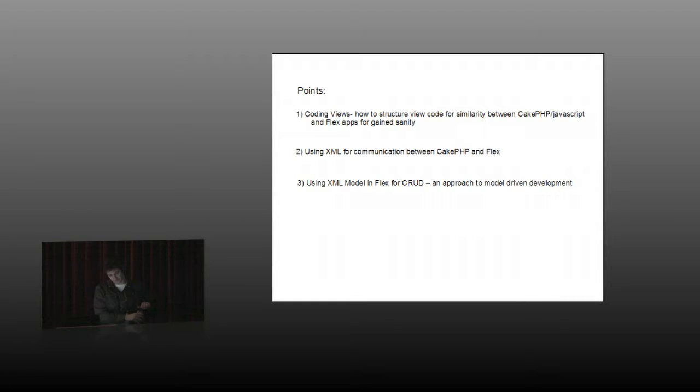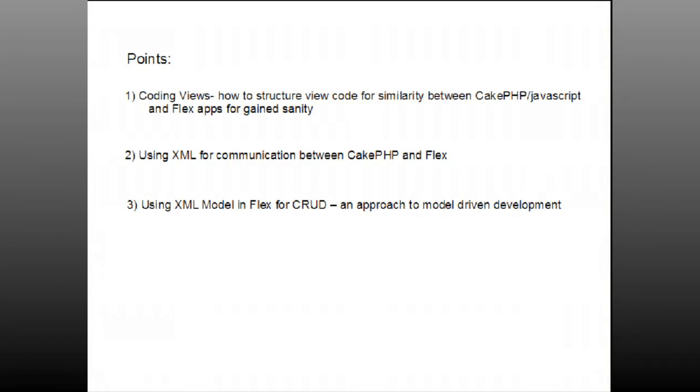Flex, for those who aren't really familiar with it, uses a markup, which is MXML. Very similar, it's just tags. It's an XML variant, just tags, just like HTML with properties. So when you use jQuery and CakePHP, it's very similar.